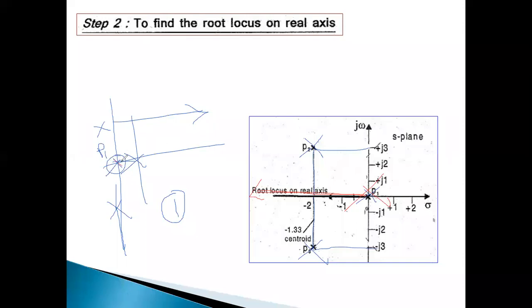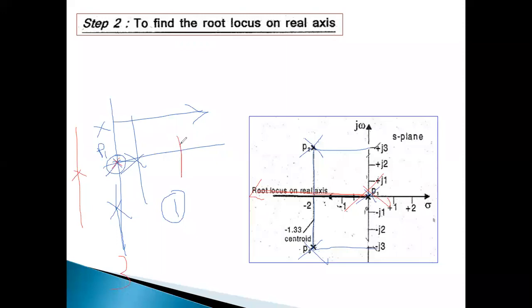So based on that, assume a test point on the real axis. If the total number of poles and zeros on the right half of the test point is an odd number, the test point is on the root locus. For example, if we take one more test point at this point, the total number of poles and zeros is odd, in this case 3.